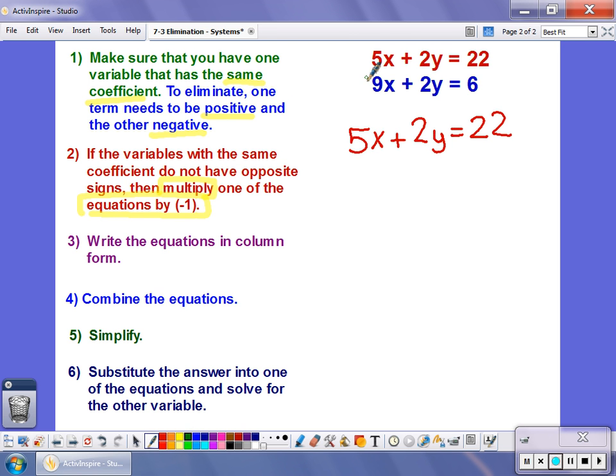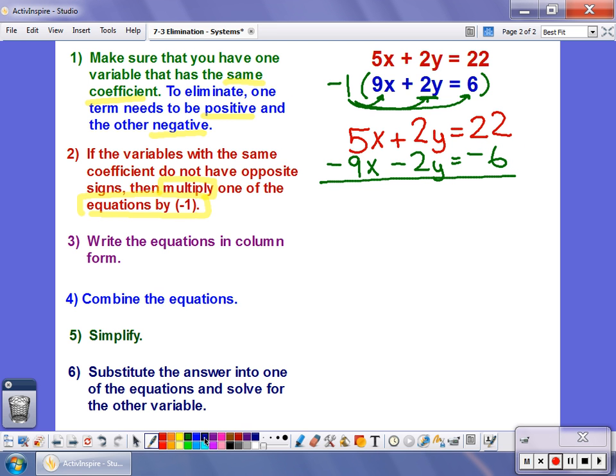But the second equation that I have, or one of my equations, I now need to change the sign of this coefficient. Okay? I don't want it to be positive 2 anymore. I need it to be negative 2. So I'm going to multiply everything in this equation by negative 1. So that's going to give me negative 9x, negative 2y, and negative 6.